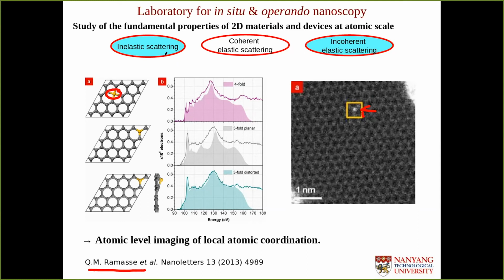By recording some inelastic signal, which is more or less the EXAFS fine structure, we can know if it's a fourfold or threefold coordinate, planar, or if it's coming outside of the graphene layer. So by combining the incoherent imaging mode and the inelastic mode, we can identify the foreign species, and we can also get information on the local atomic coordination.